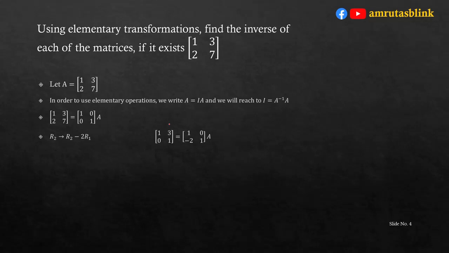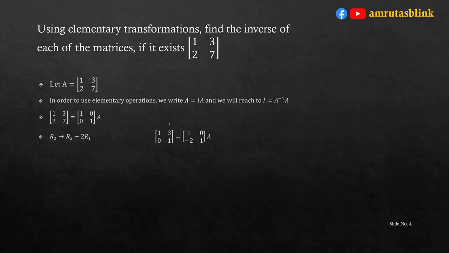Now, the first row first column element is 1, which is in the required format. Now, we move to the second row first column. Right now there is the element 2, and we want to transform it to 0. So, we multiply the first row by 2 and then subtract that from R2.